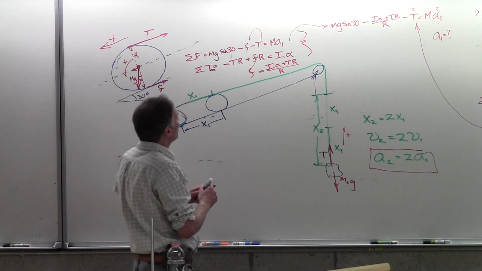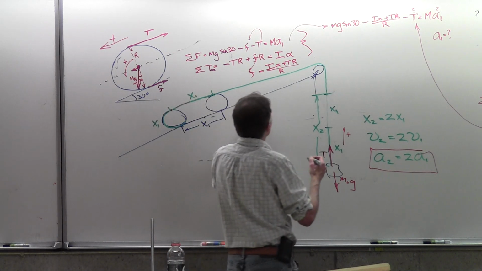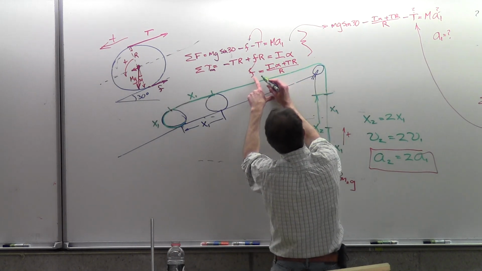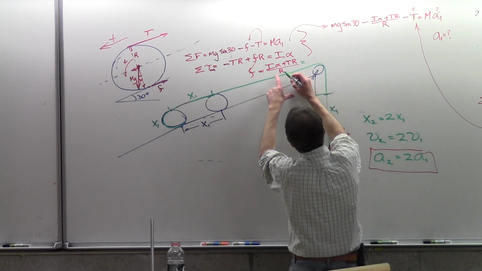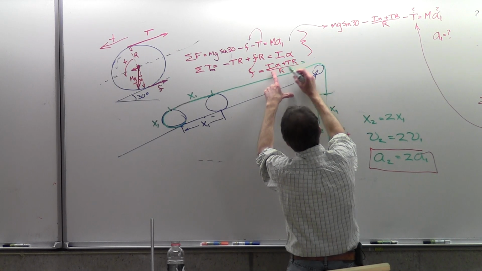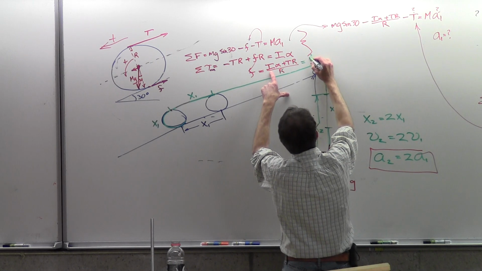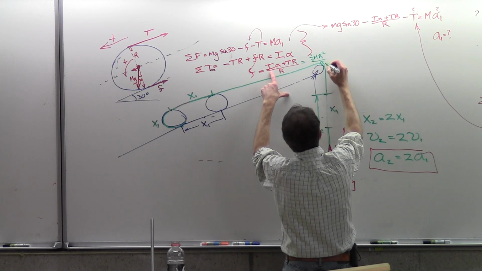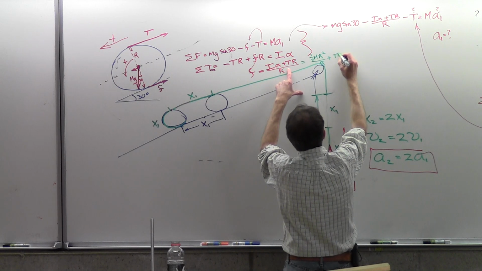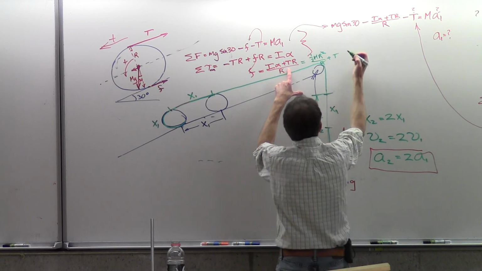Yeah. Will all the R's cancel out? Oh, yeah, likely. If you look at this one, that friction, I could have canceled an R with this, and then I would be a 1/2 m r squared, but I'd be dividing by r plus t. This would knock off with one of these.